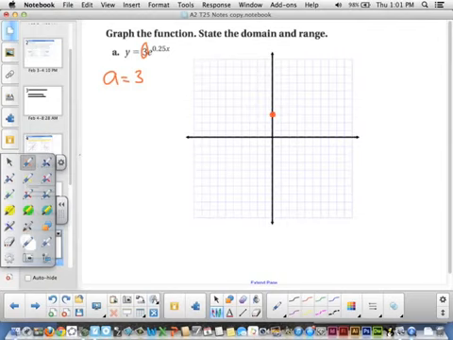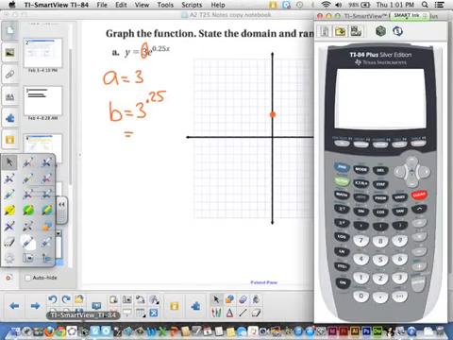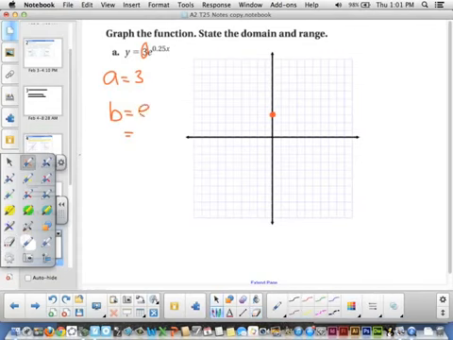Now what is our b value? Our b value is 3 to the 0.25. That might be a good number to approximate out. Hold on a second. E to the 0.25, not 3 to the 0.25.